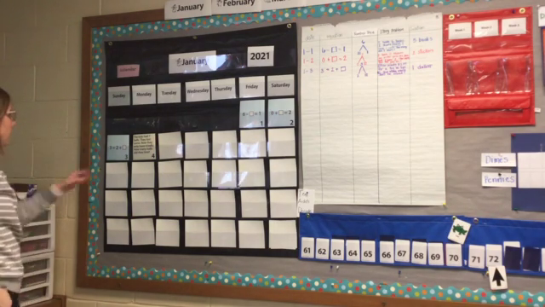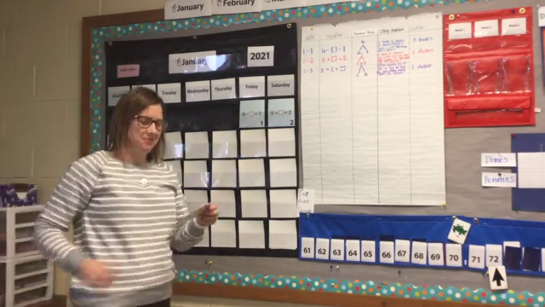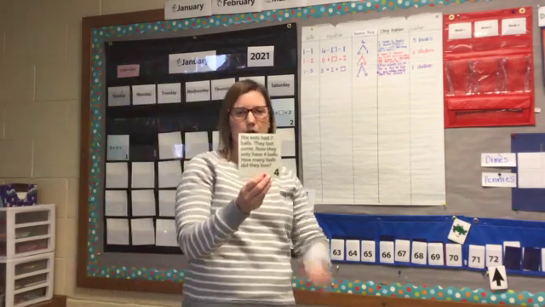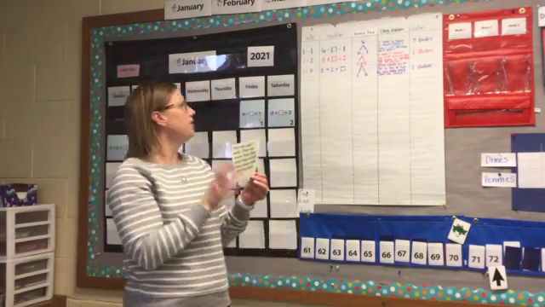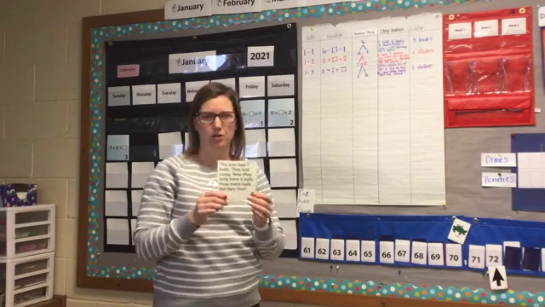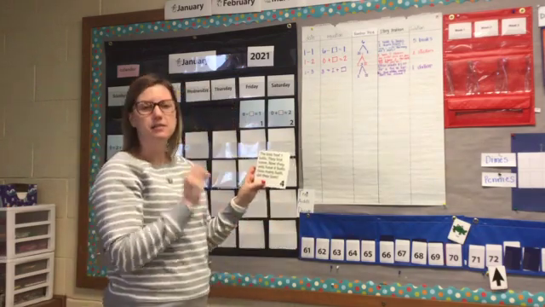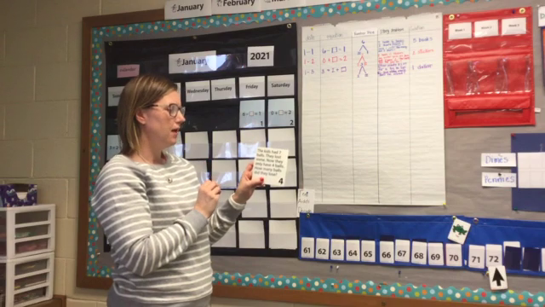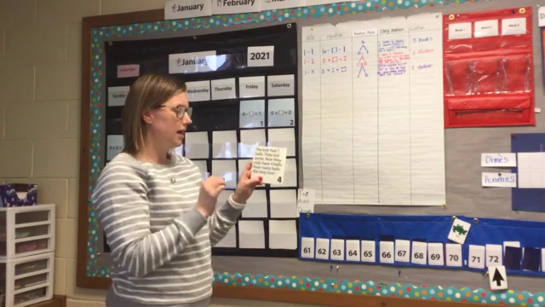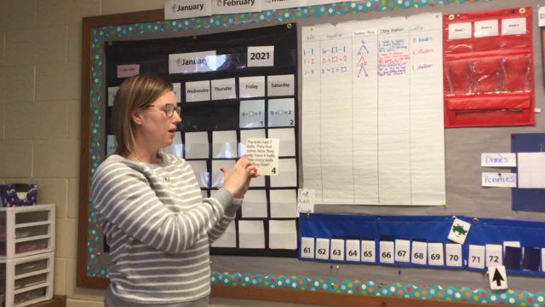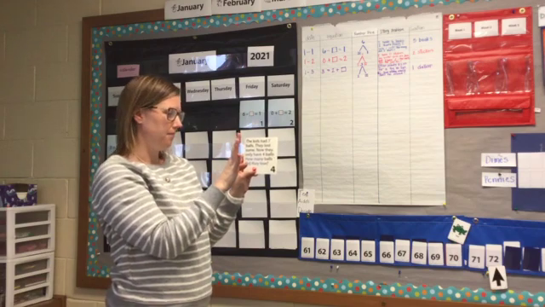And today's card is a story problem. So they're giving us the story problem. And now we're going to fill in all of the other parts. It says, the kids had 7 balls. They lost some. Now they only have 4.